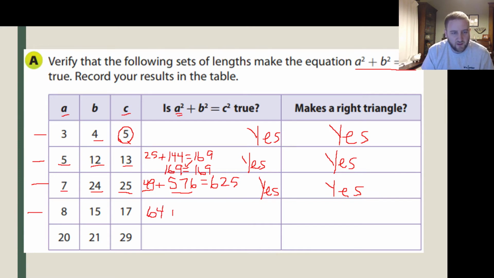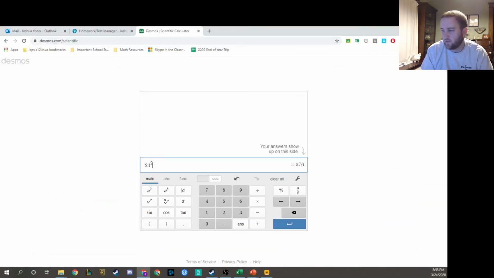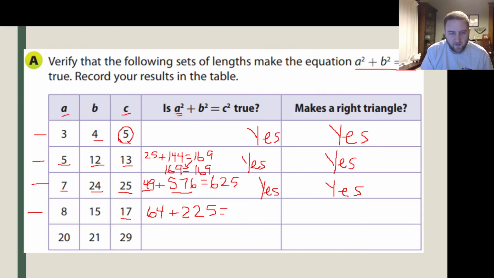15 squared, well that one is 225. And then we need 17 squared. Let's go ahead and plug that one in. 17 squared is 289.